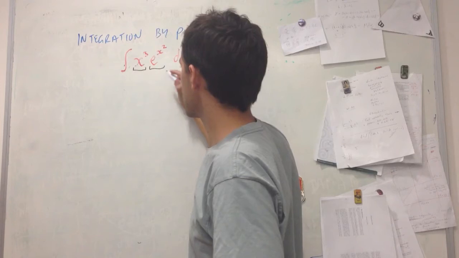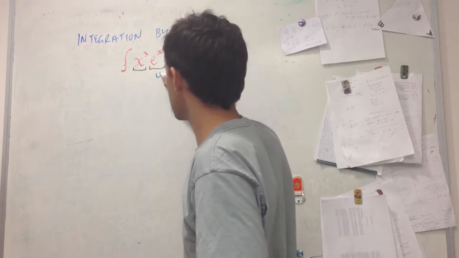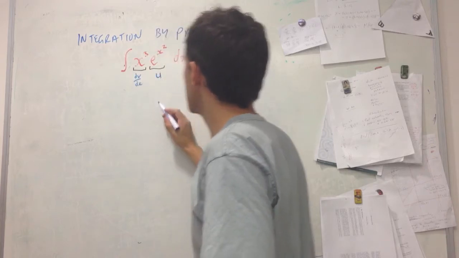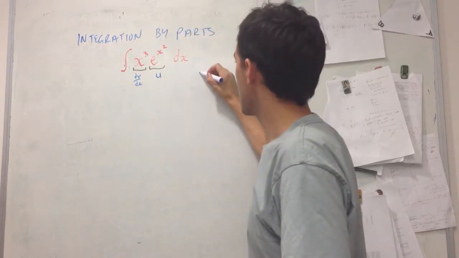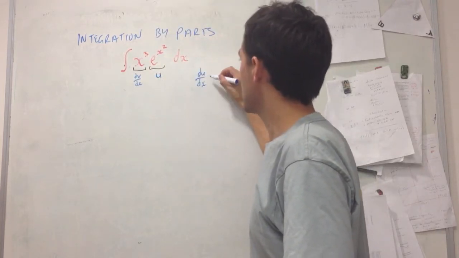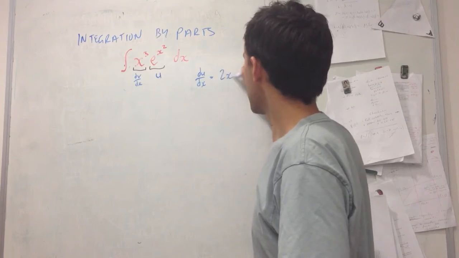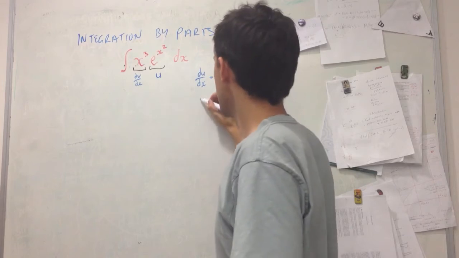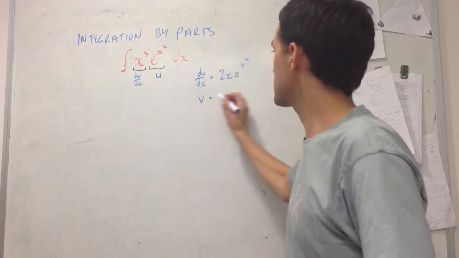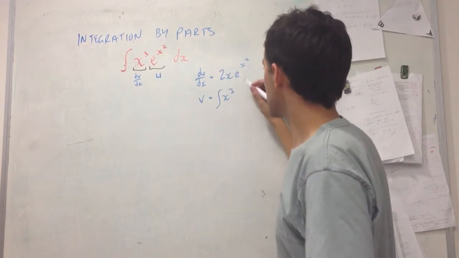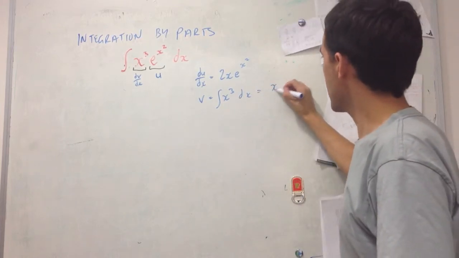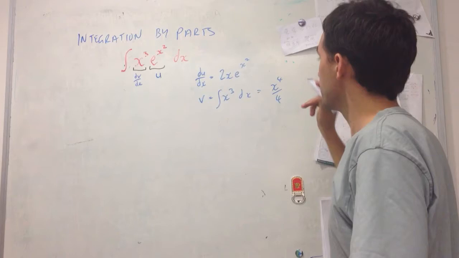So since I can differentiate this, I'm going to call this u, and I'm going to call this dv dx. In that case, du dx equals 2x e to the x squared, and v therefore is the integral of x cubed dx, which gives me x to the 4 on 4.